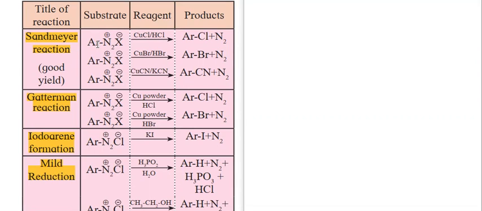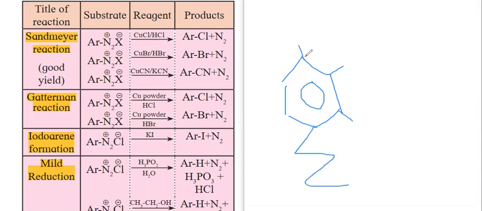Now these are just general examples. For exam purposes, a question may be asked like this: here is one group, here another group, here a big group, and there is the presence of N triple bond N plus Cl minus.